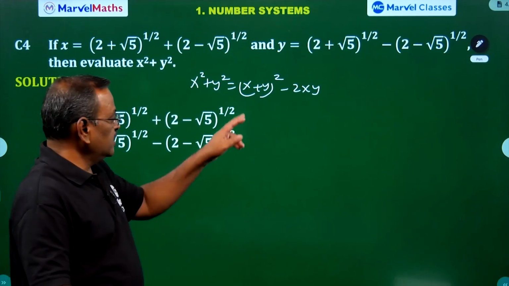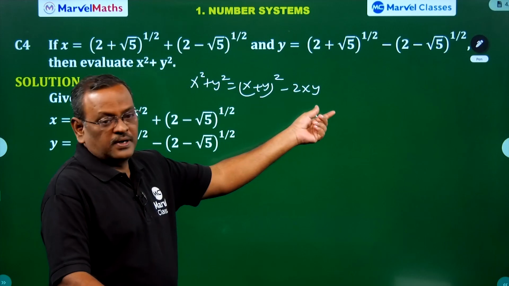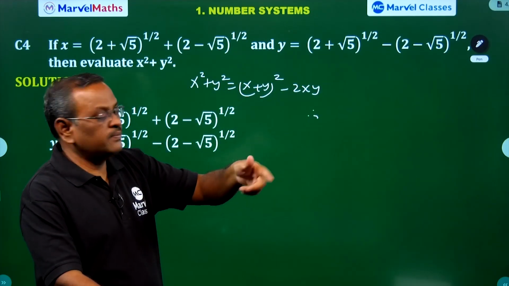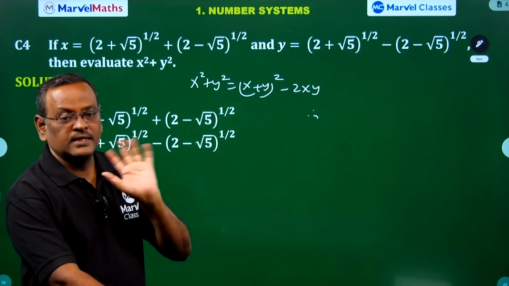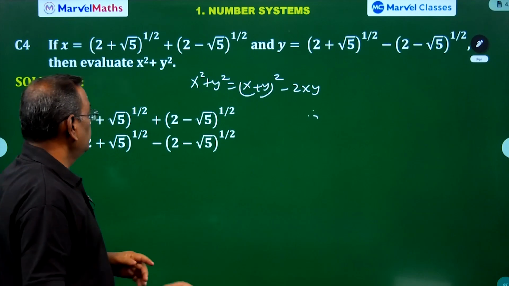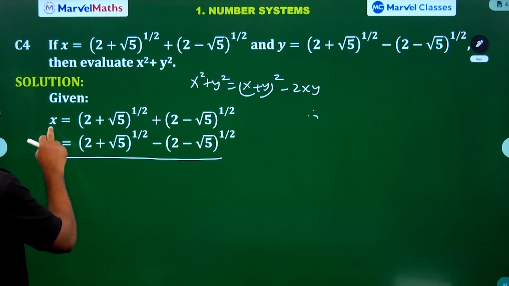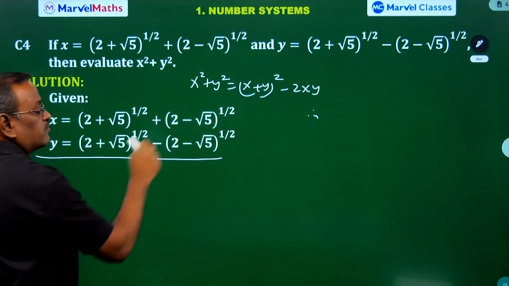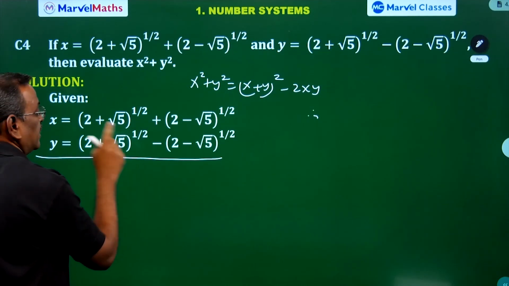So in this expression you have only two patterns, one is the sum of the values, another one is the product of the values. So add both the values, reduce into simplest form, multiply both the values, reduce into simplest form, substitute here, and you will get the correct answer. Clear? Now if you add these two cases, x equal to (2 plus root 5) whole power half plus (2 minus root 5) whole power half, and y equal to (2 plus root 5) whole power half minus (2 minus root 5) whole power half.